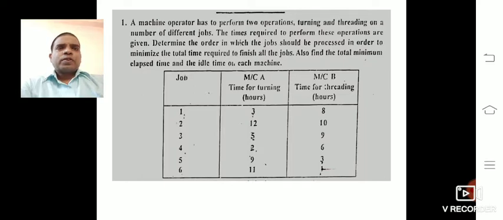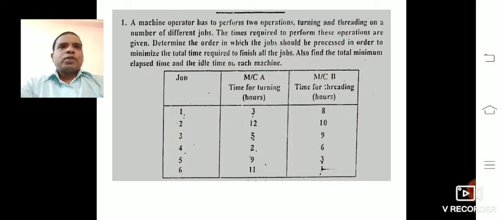Now the first problem, under the category of type 1. A machine operator has to perform two operations, turning and threading, on a number of different jobs. The times required to perform these operations are given. Determine the order in which the jobs should be processed in order to minimize the total elapsed time required to finish all the jobs.